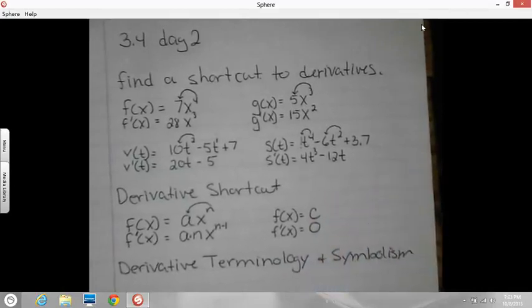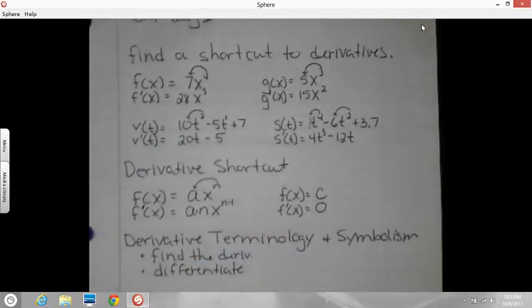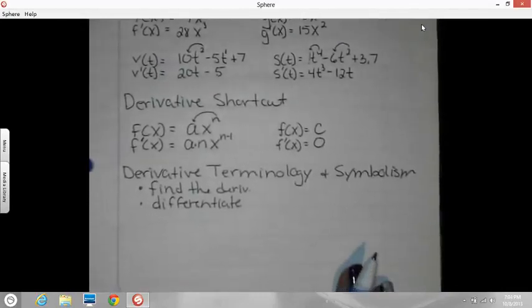Find the derivative and differentiate. Differentiate just means find the derivative. So find the derivative, differentiate, those are interchangeable terms. They both mean just find the derivative.